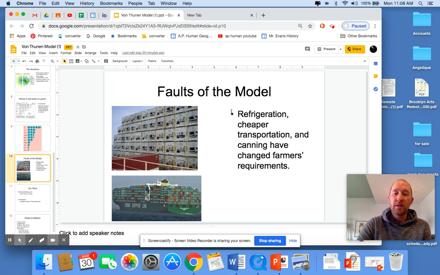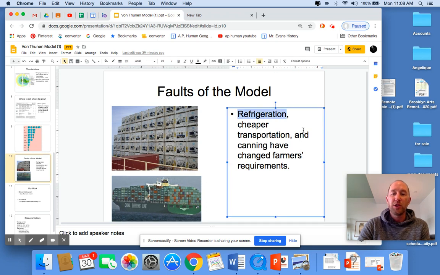So trucks, trains, ships, and even airplanes now offer refrigeration. And so that cuts down on the perishability of fruits and vegetables as opposed to 180 years ago. This is why I can get an apple from Chile in February and my supermarket has strawberries in the middle of March because they're transported through refrigerated transportation.